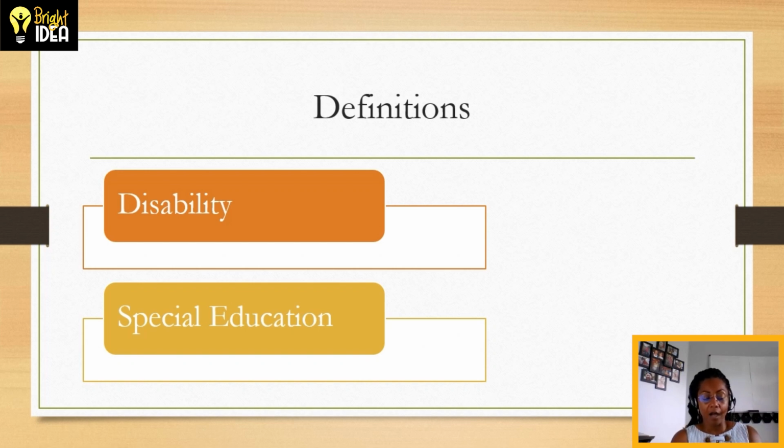The type of instruction will impact things like academics. It will help with behavioral issues, health conditions, physical conditions, and any other special types of supports or services that are needed. All those services and supports are provided to help across all those different areas. And like I said, it goes beyond what is provided to a student that doesn't have a disability. That's what we mean by special education.